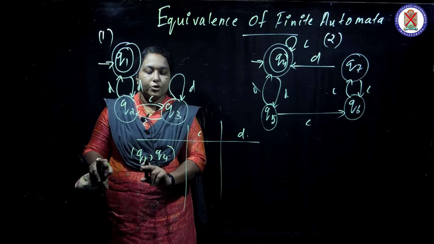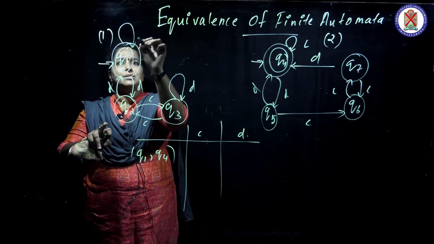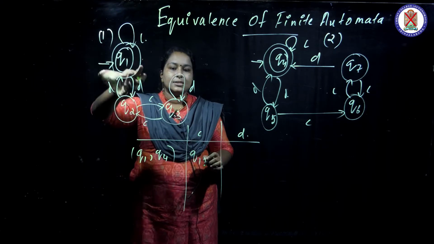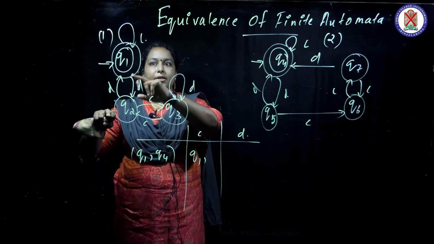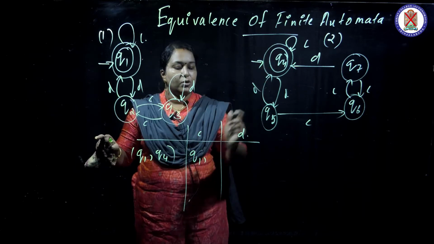Then Q1 on C goes to itself, and Q4 on C goes to itself.